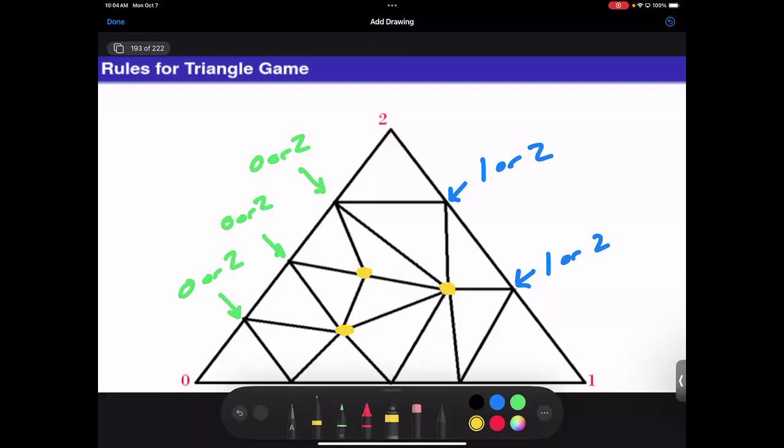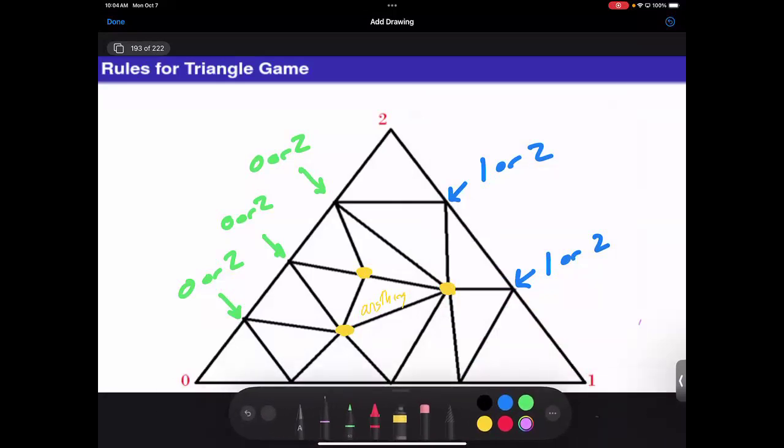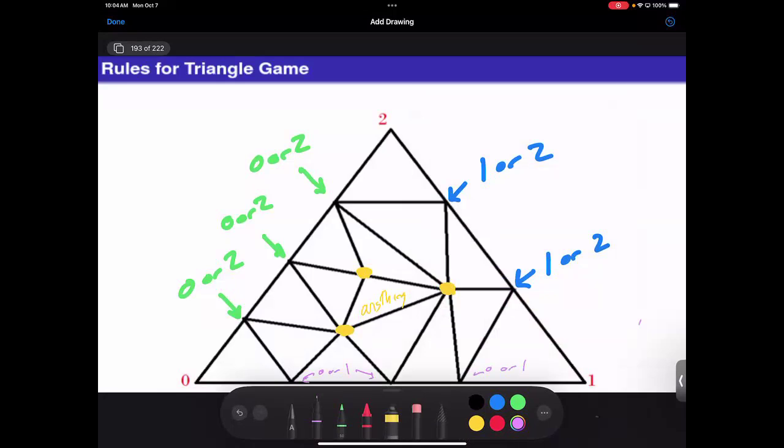What are the possibilities for those 3? So for those ones, what can I use for my labels? Are there any restrictions on those? No, anything is fine. And then, if I want to go down on the bottom, the ones over here would be 0 or 1. So does everybody understand how the labeling goes?